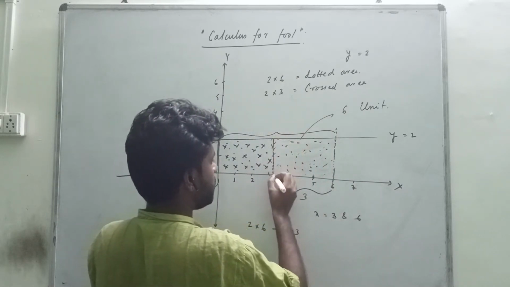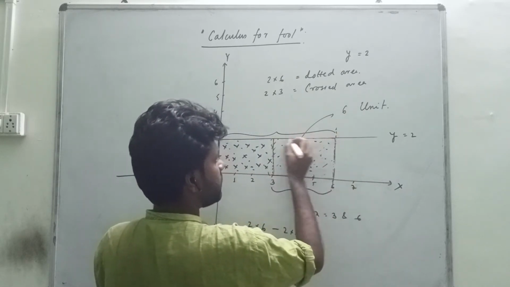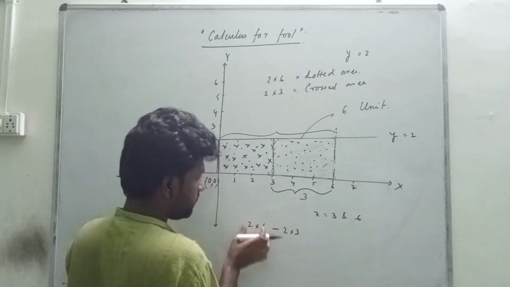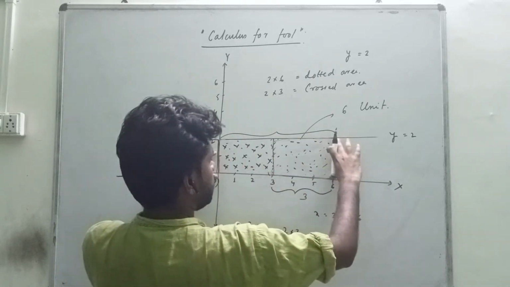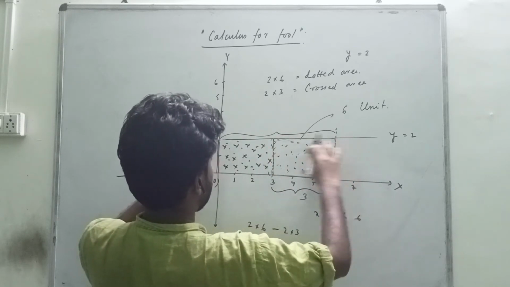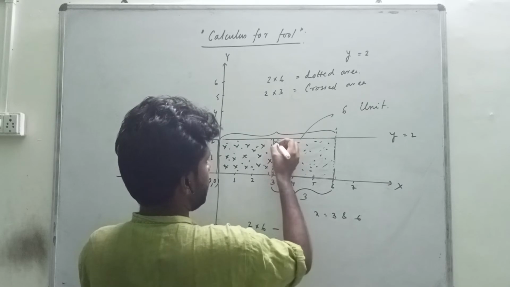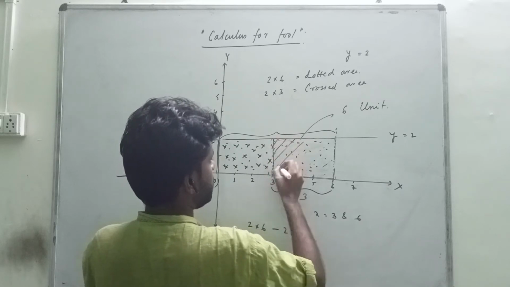Previously you calculated the 6 here, and if I calculate the full area of this thing minus this small area, the crossed region, obviously you will get these areas, right?